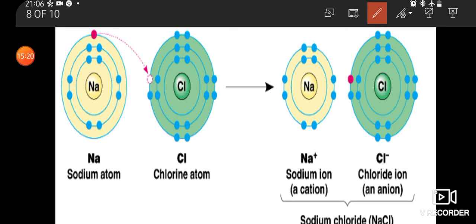See in this diagram, one electron shifts towards chlorine. So sodium contains a +1 charge and chlorine contains a -1 charge.